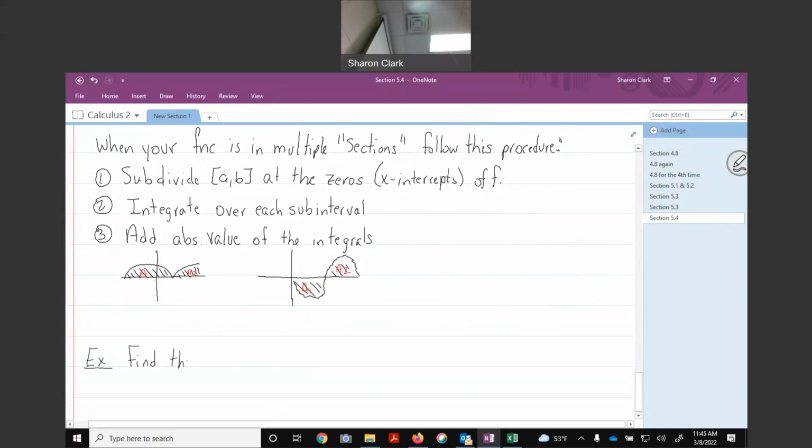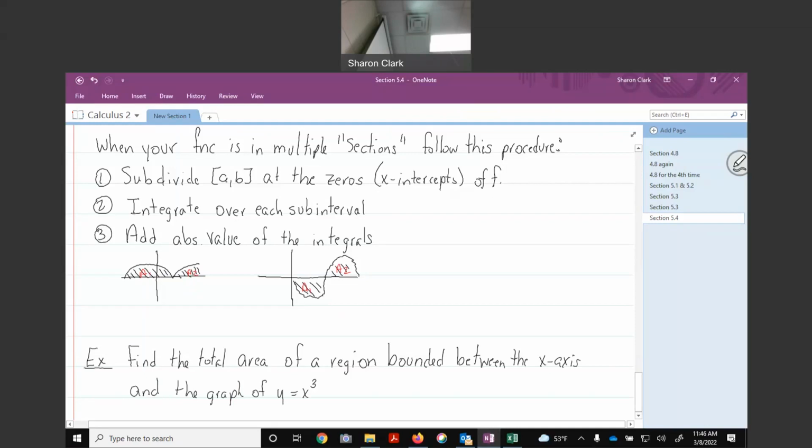Find the total area of a region bounded between the x-axis and the graph of y equals x cubed minus 6x squared plus 8x on [0, 4].